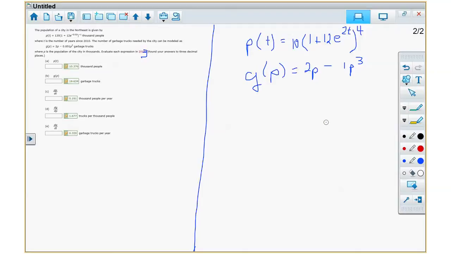Just plug and chug, and get warmed up on your calculator. And then take the derivative of both. And like I say, don't worry about the problem, because all we're going to do is switch it over. With all these whole numbers, all we're going to do is switch it over.